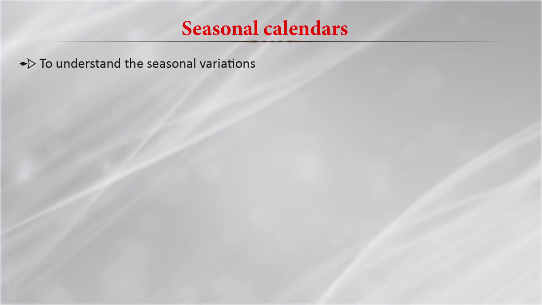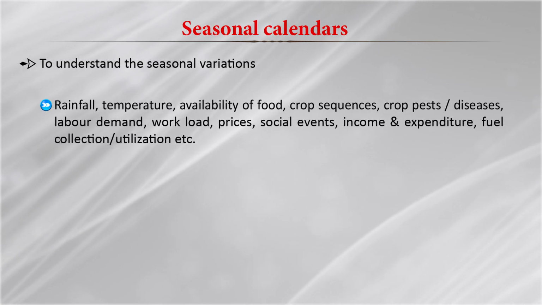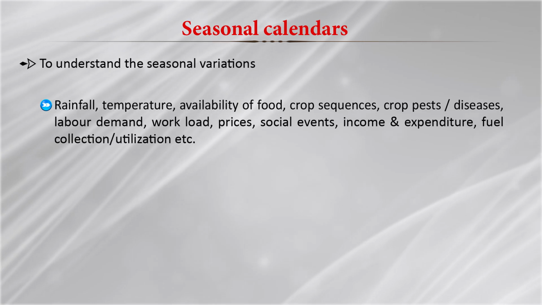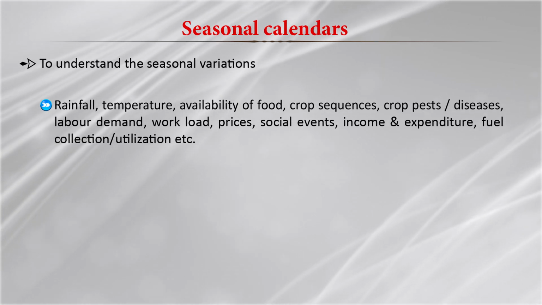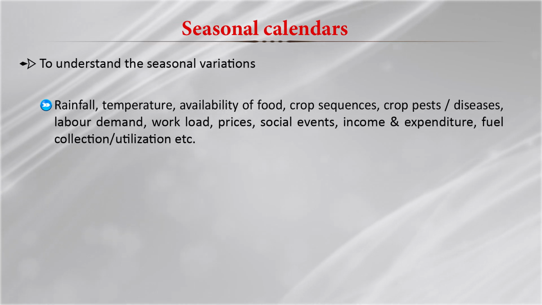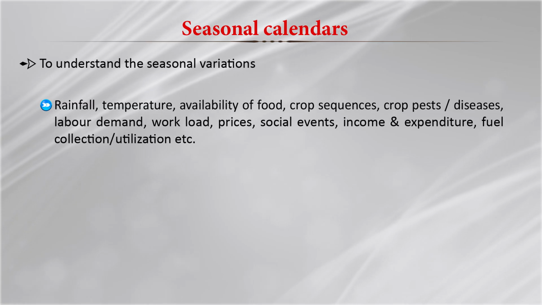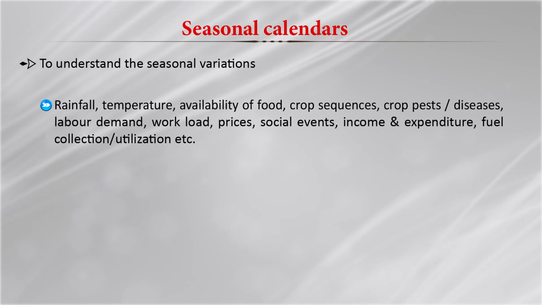Next technique we used in the PRA methodology is the seasonal calendar. Actually, we prepare the seasonal calendar to understand the seasonal variation in terms of the rainfall, temperature, availability of the period, the crop sequences, crop pests and diseases, labor demand, the workload, prices and the social events, income and expenditure, fuel collection and utilization.